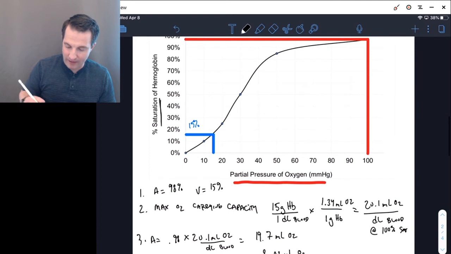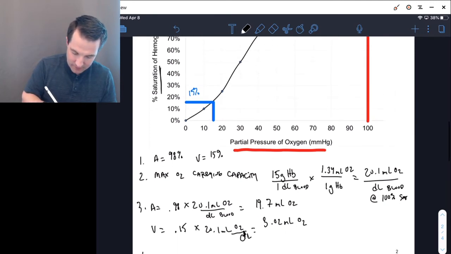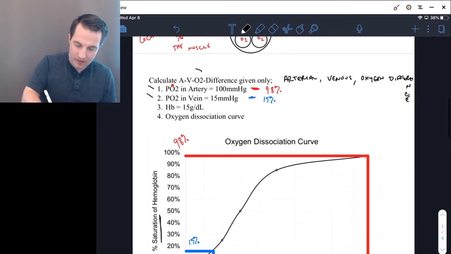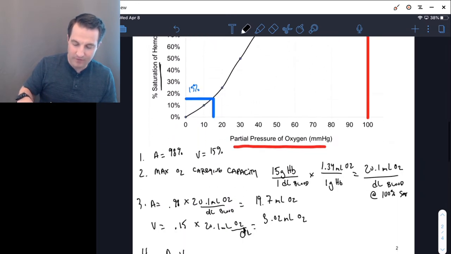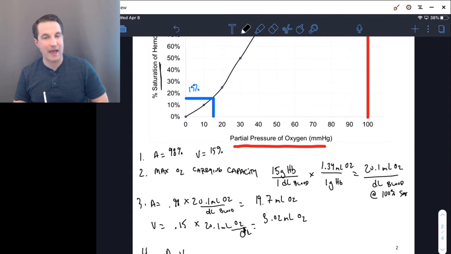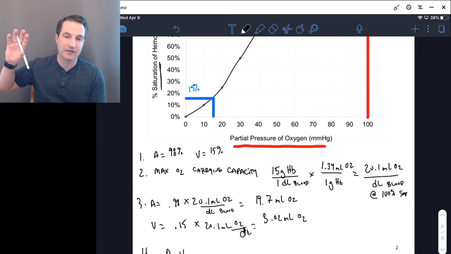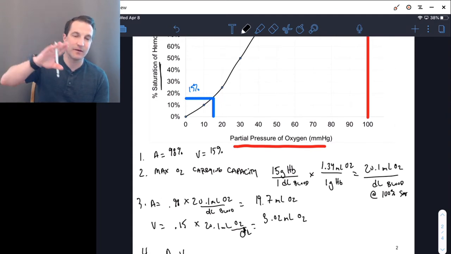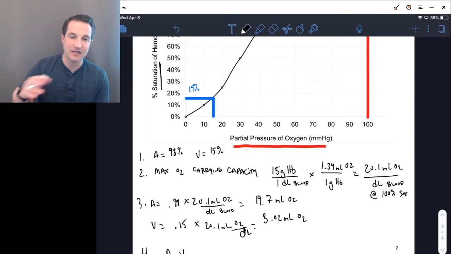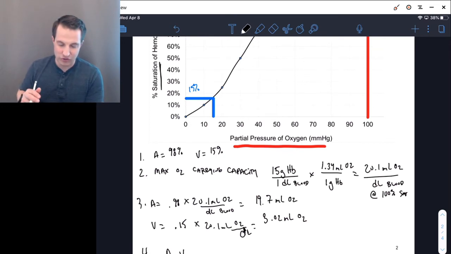If we subtract, your step 4 right here, AV. Wait a minute. AV O2 difference. We've calculated the amount of oxygen capacity. We've calculated the amount of oxygen that's in the arteries. We've calculated the amount of oxygen that's in the veins just by using our hemoglobin concentration.